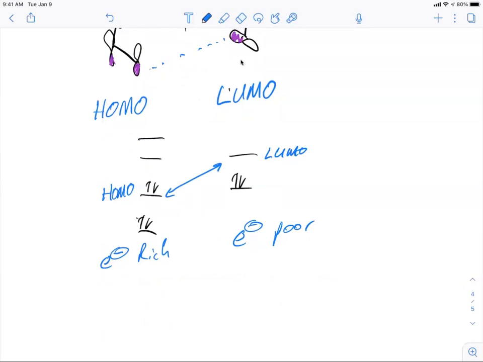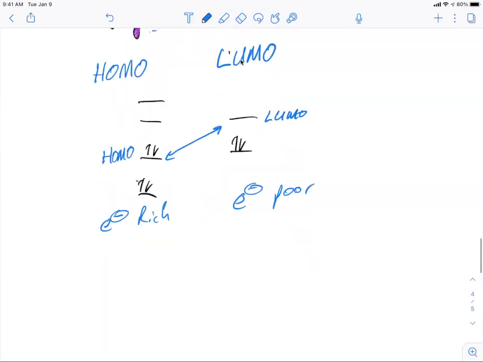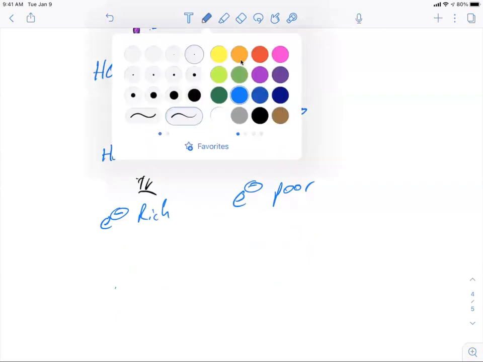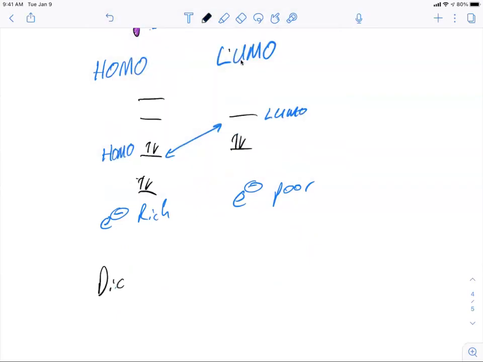Functionally, what that means for you, this is the reason behind it, is you want to have a dienophile with an electron withdrawing group.